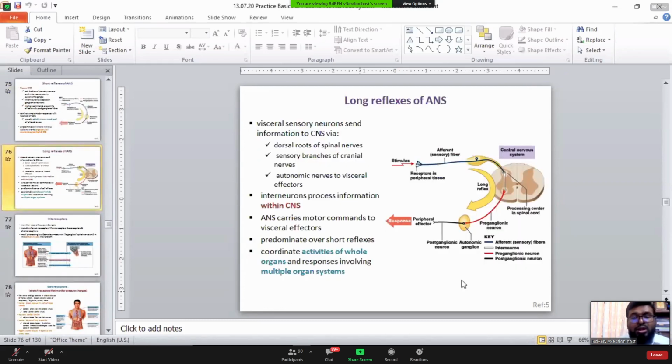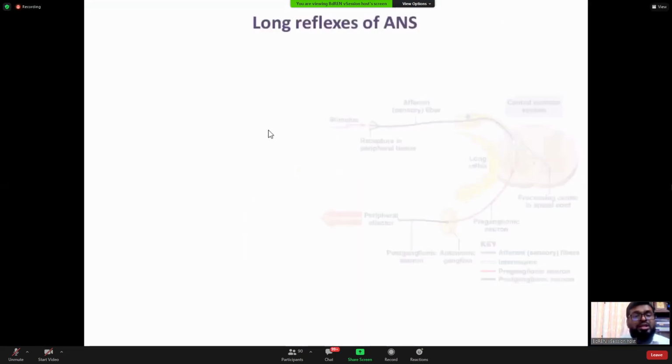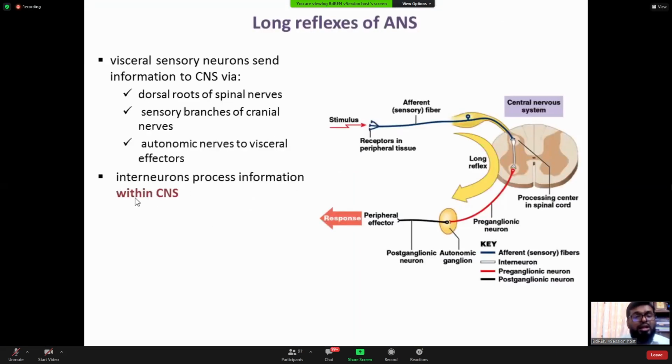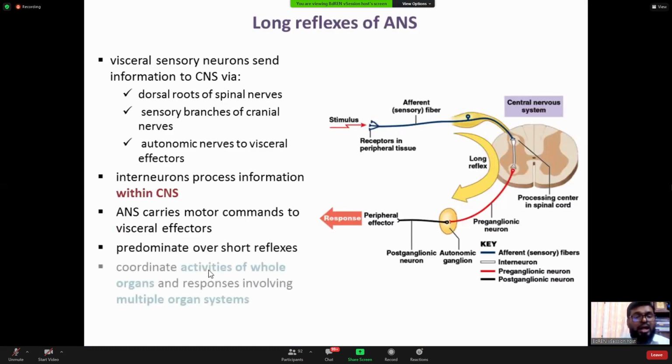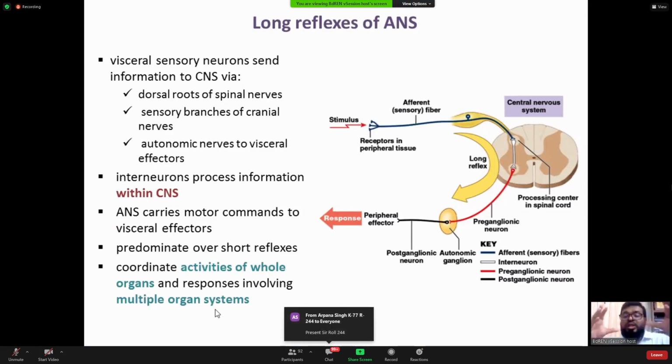In the long reflex, you can see it has to get into the central nervous system, and processing happens within the central nervous system and coordinates the activities of the whole organs and responses in multiple organ systems. So not only within the whole organ, but also with the other organ systems, they can coordinate. Say for example, okay, I'm not going to detail it anymore.